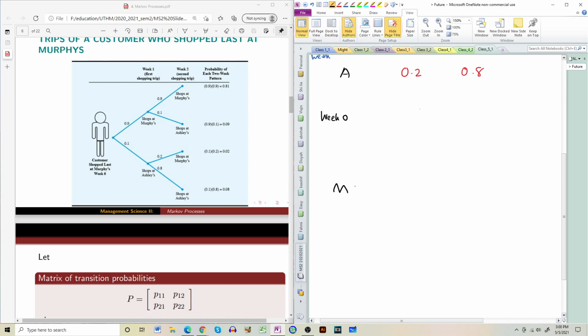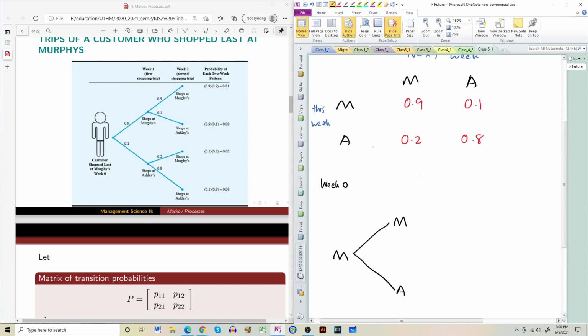Okay, now the current week is week 0. He shops at Murphy's. What is the probability that he goes to Murphy's, and what is the probability he goes to Ashley's? According to the table here, the probability he or she goes to Murphy's is 0.9. So right here 0.9. Ashley's should be 0.1, and this would be week 1.